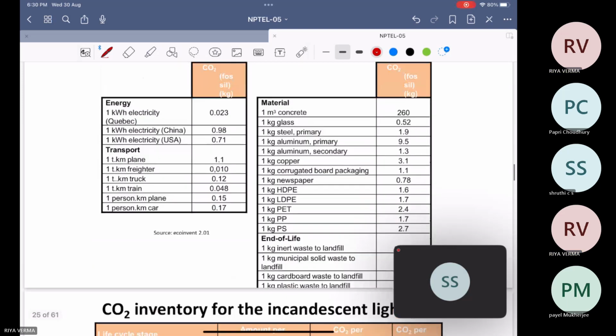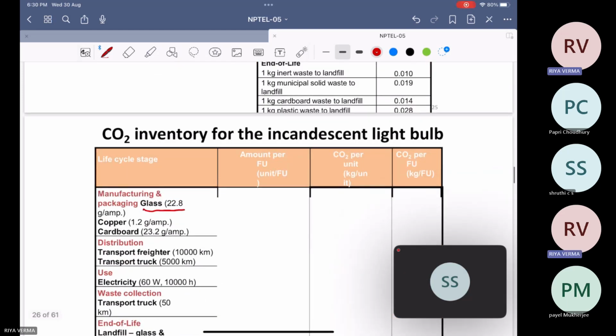Now we need to calculate the amount per functional unit. In terms of the incandescent light bulb, we had 10 light bulbs required per functional unit. So 22.8 should be multiplied by 10, which equals 228.